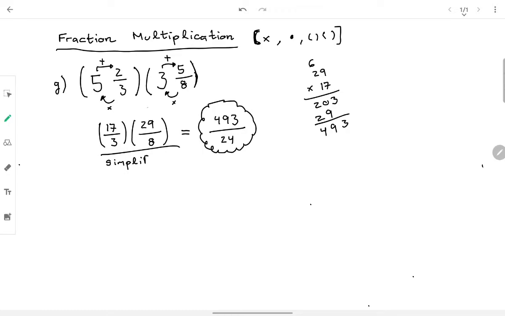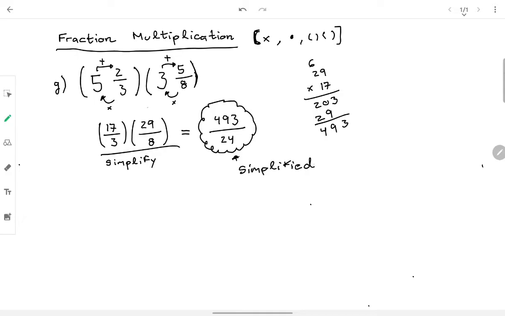If we simplify in this part, then this fraction is already simplified. We don't need to simplify it.